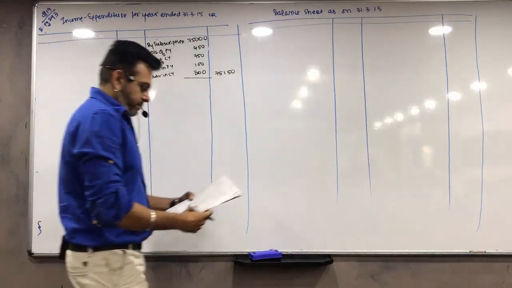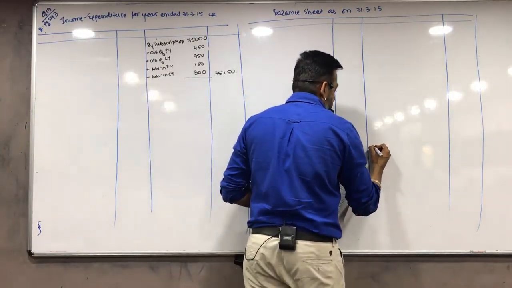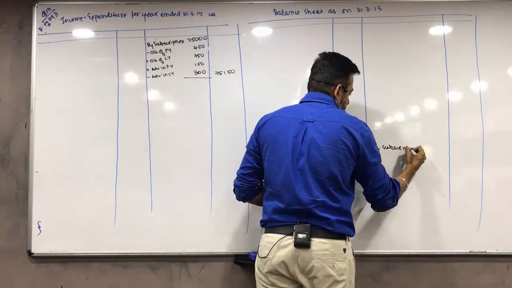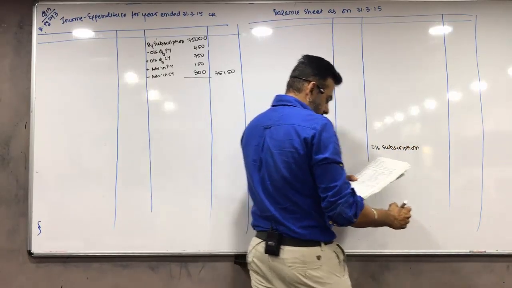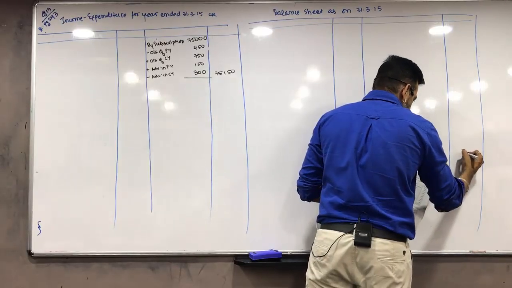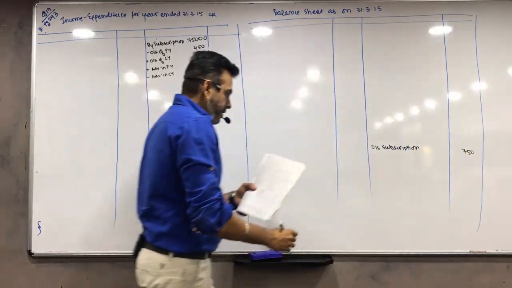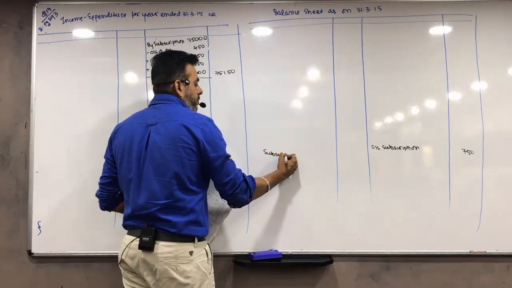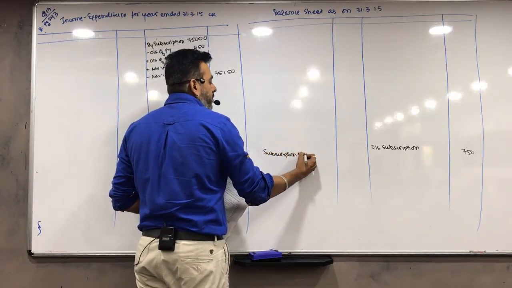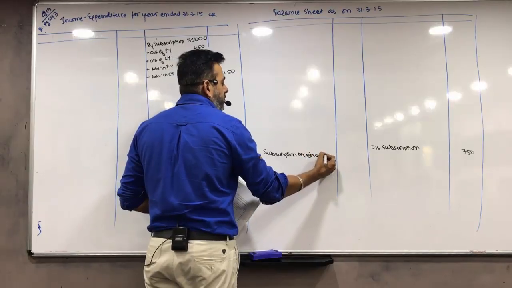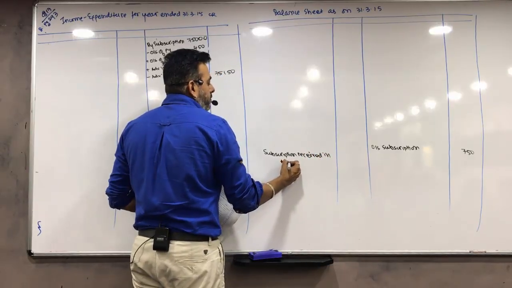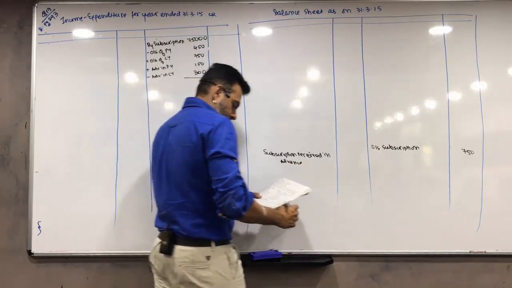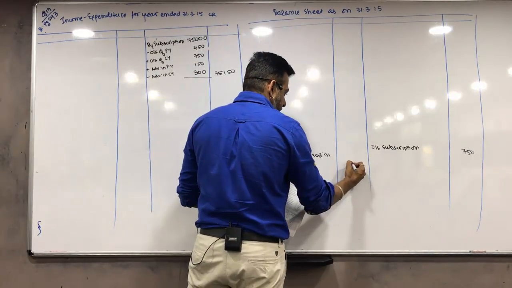Second effect: outstanding subscription, only current year 750, and subscription received in advance, 300.